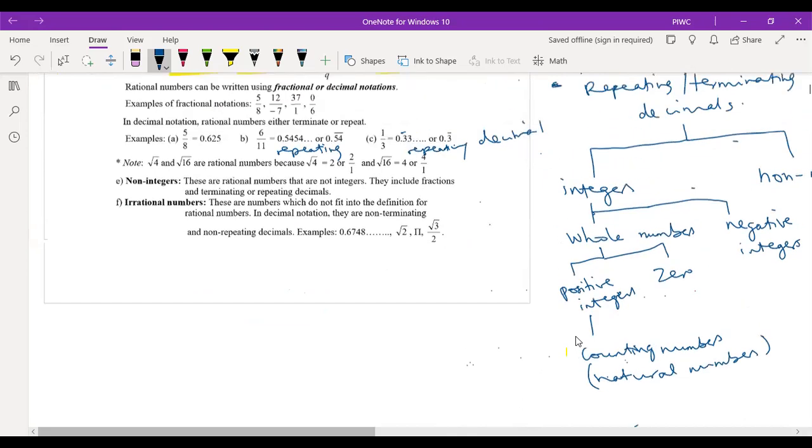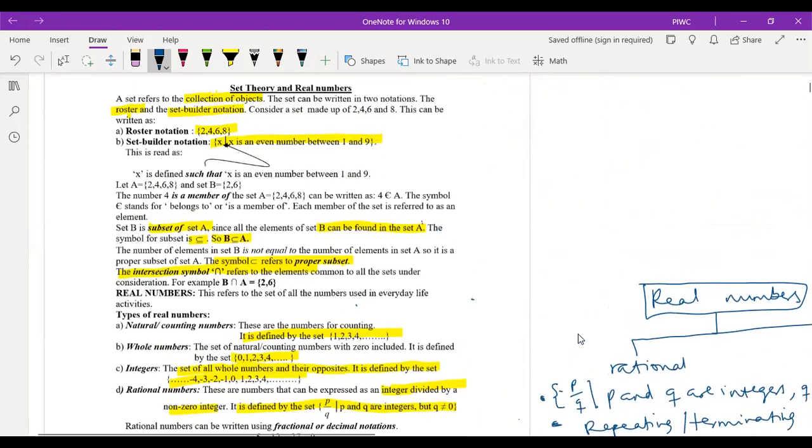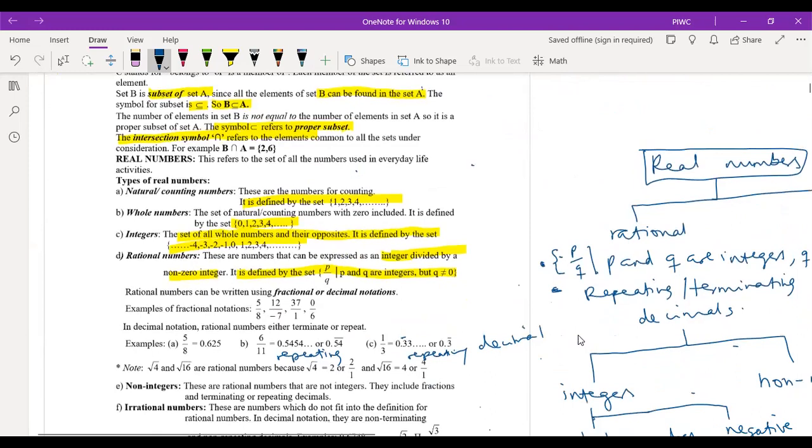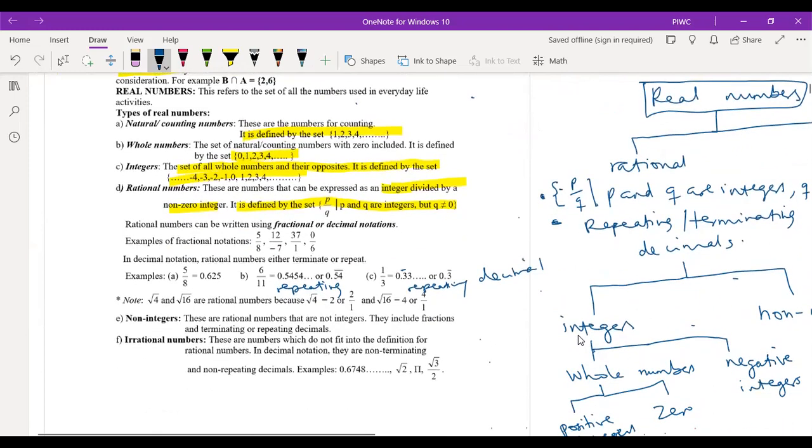So if you take your time to go through these short notes here, you should be able to identify the different types of numbers when given to you, right? Great.